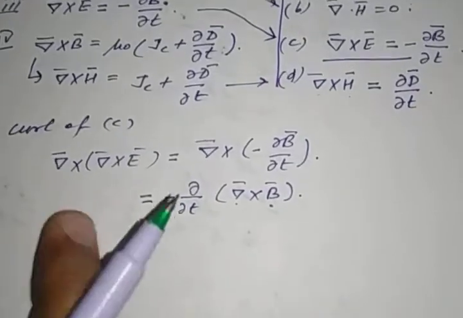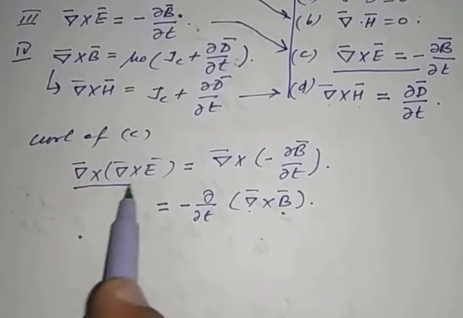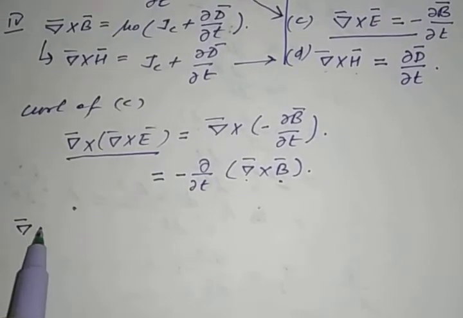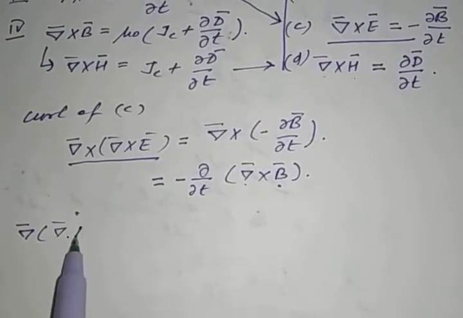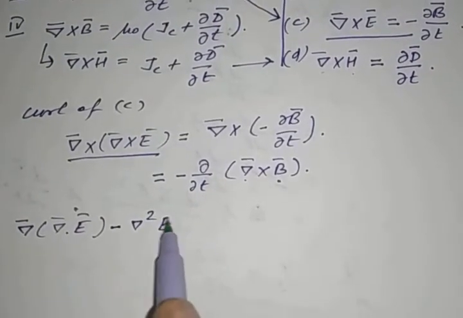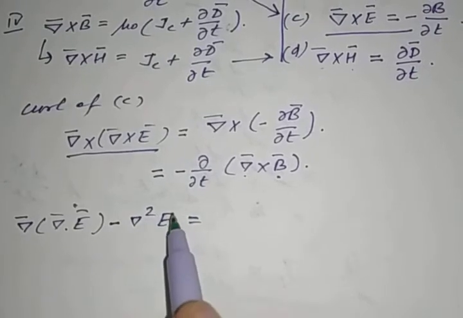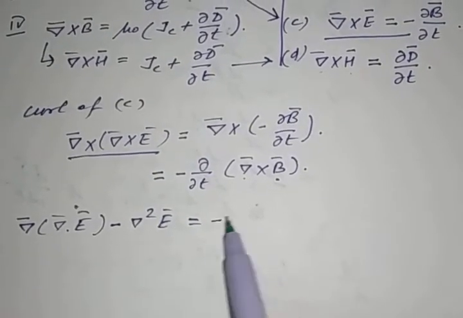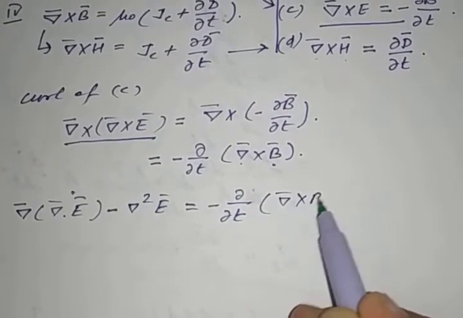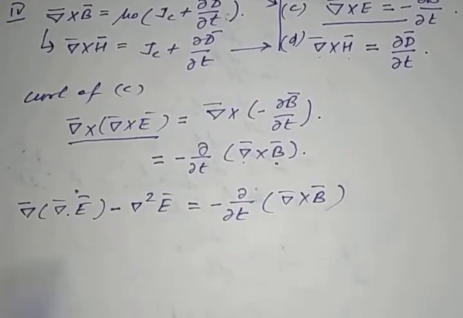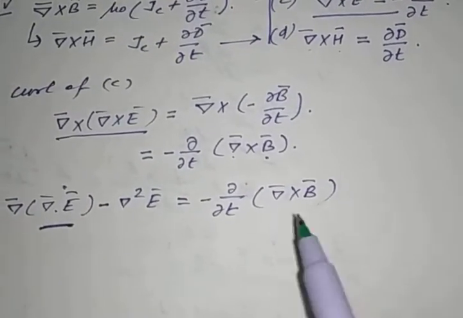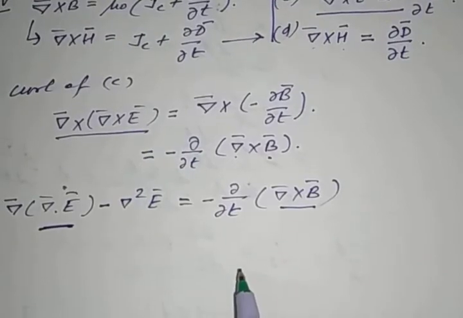But first, the left hand side, which is this one, we can get this solution as del dot E minus del 2 E is equal to... now here del dot E is the divergence of electric field and then the curl of magnetic flux density.